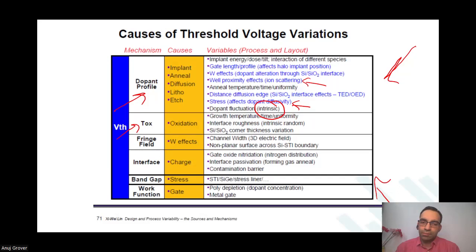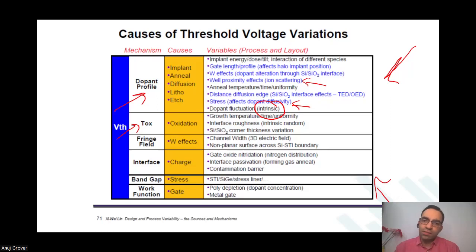One more thing, sir. It is not clear to me what it means when we say we do statistical modeling. What do you mean, sir? You've done Monte Carlo simulations, right? Yes, sir. What do Monte Carlo simulations do? Sir, they told us about a Gaussian curve. What is a Gaussian curve? Sir, we have a bell shaped curve in which you have a sigma and a mean value, and most of the devices will be lying at the mean value, but beyond certain sigma, devices will be on this side or that side.